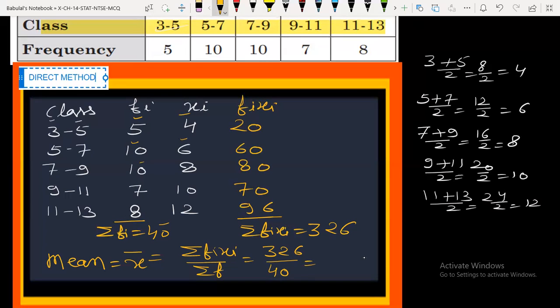Divide yourself. 326 by 40 will be 8.15. So what is the mean of the given data? 8.15 is the answer. This method is said to be direct method for calculating the mean of the given data.